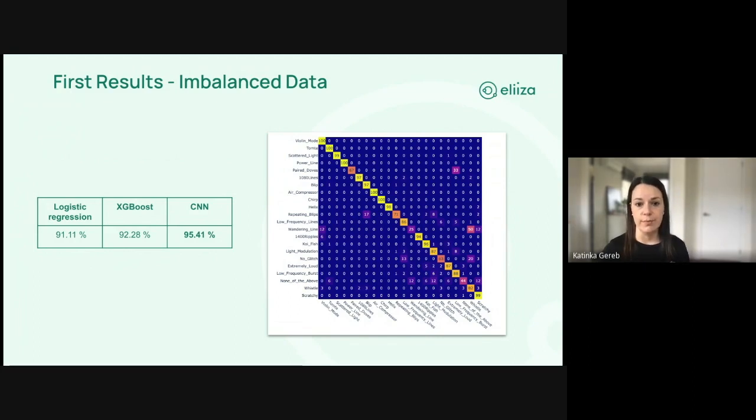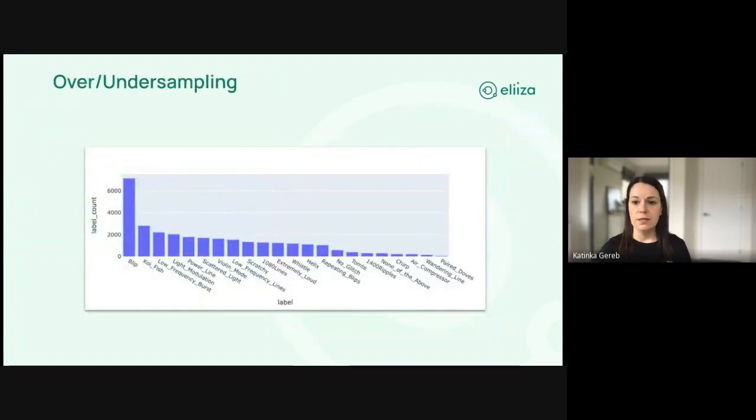And to remind you again, this is because of class imbalance. So some examples will be more accurate than others due to the uneven class distribution of the data. So we are going to address this by over and under sampling. So we want to bring the data distribution to a slightly more even level.